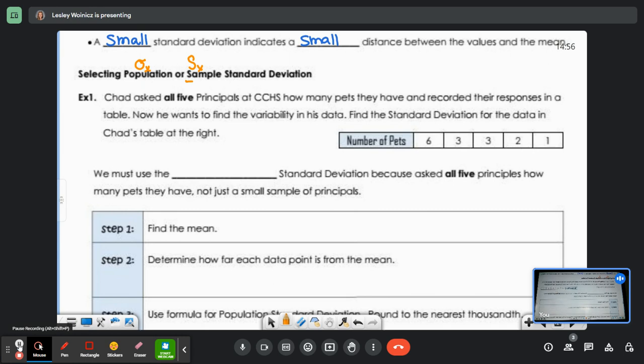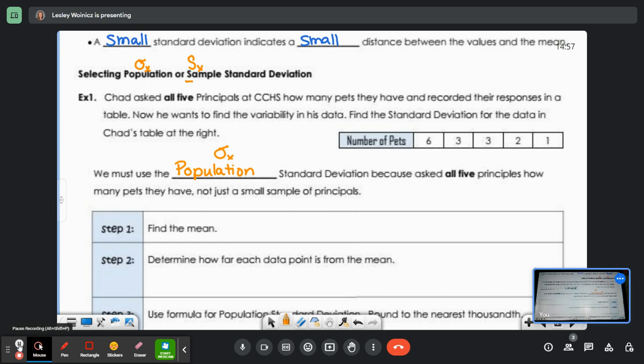So we're going to find the standard deviation, and which standard deviation should we use? Did he ask only some of the principals? Oh, the population. Yeah, he asked the entire population of principals in this building. So we are actually going to use the population. Okay, so that is the one with the little crazy sigma with the sub x.